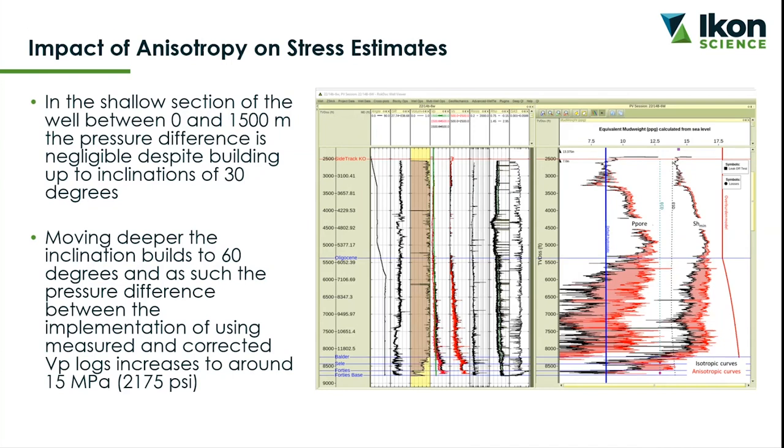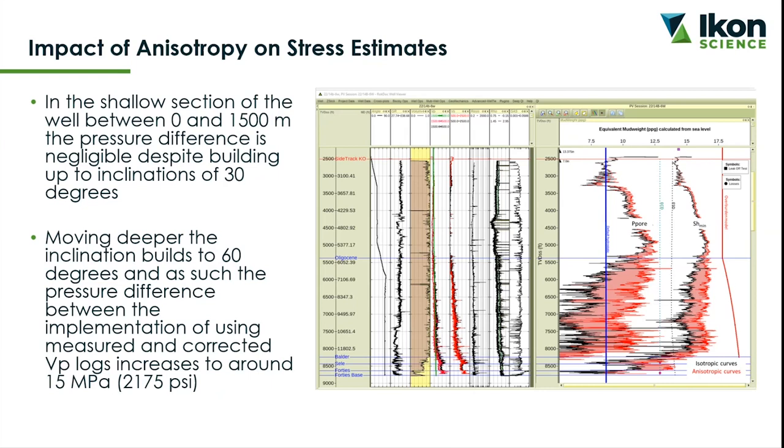And of course, if that's being used for planning future well locations, or if it's being used to build a model over that portion of the field where we're going to plan and drill more wells, then there's a significant risk that we may plan incorrectly and suffer losses or stuck pipe or other issues that result in non-productive time.